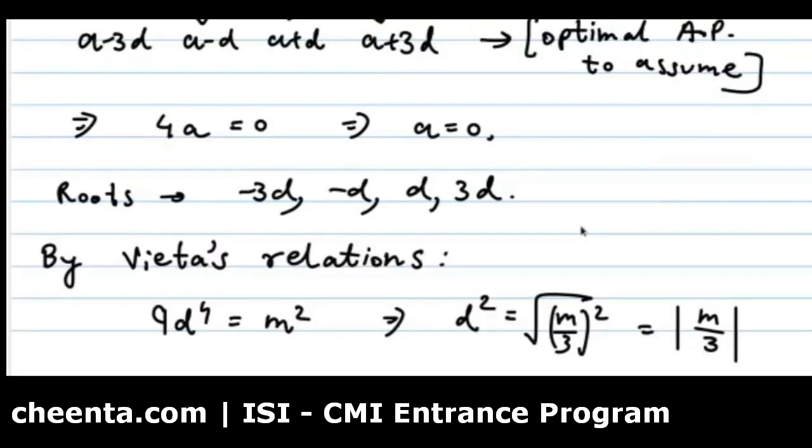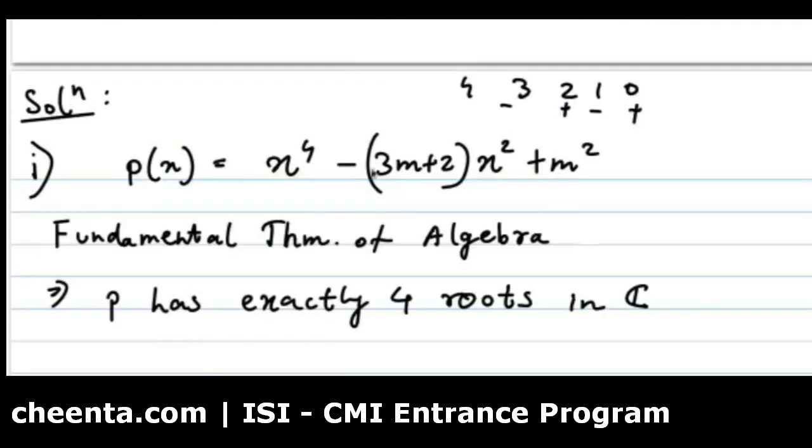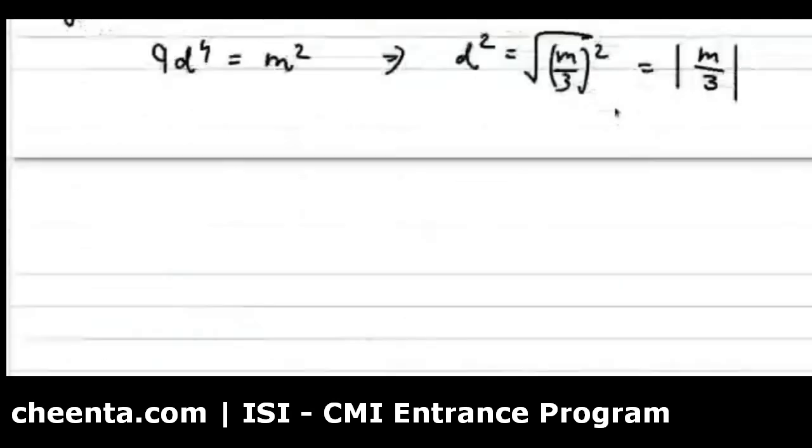Now, we are given another coefficient, the coefficient of x squared, which is minus (3m plus 2), and the sign is again positive. Let us write down again by Vieta's relations: this is the product of roots taken two at a time, right?